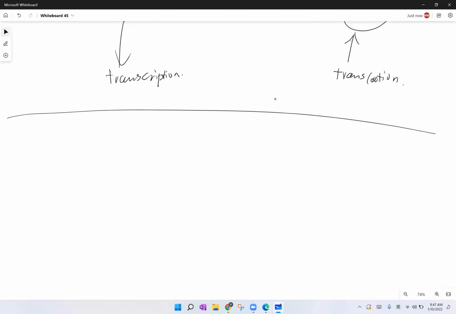How are we going to make it more accurate? We'll make the sticky ends longer, right? If 3 bases is not accurate enough, let's make it 10. Let's make it 20. What's going to happen if you have 20 bases forming the sticky end? It's going to be more accurate, right?